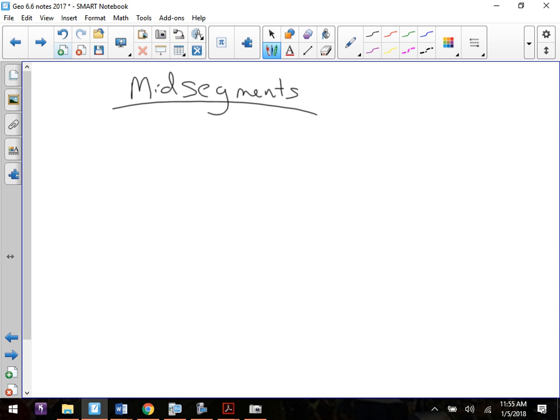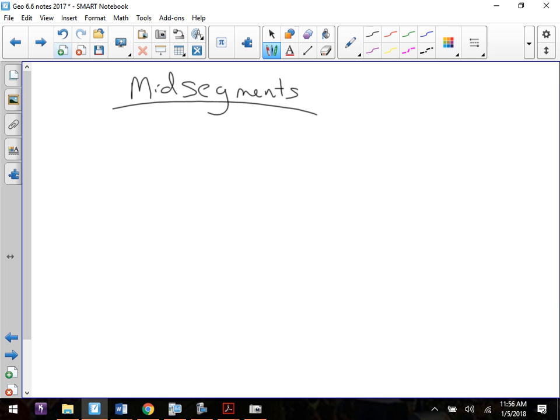Triangles had midsegments in chapter 5. Midsegments were the segments that connected the midpoints of the sides of a triangle. Convenient that it has the word mid in it. So trapezoids have that too.